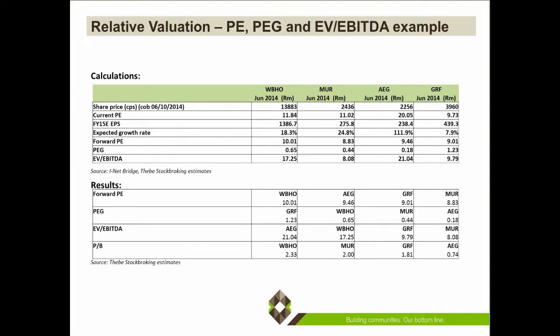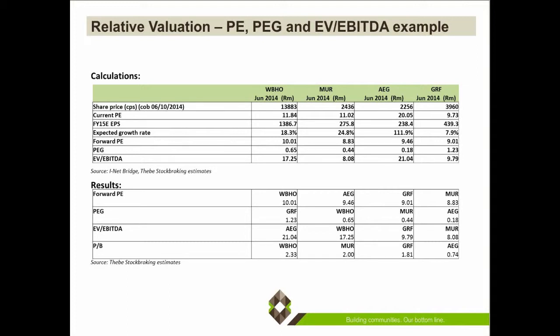So looking at the results, we look at the forward PE. Based on the growth that we're forecasting, we're seeing that Wilson Bayly Holmes' forward PE will go from 11.84 to 10.1, whereas Murray & Roberts is expecting more earnings growth, so they go from 11.02 to 9.46.